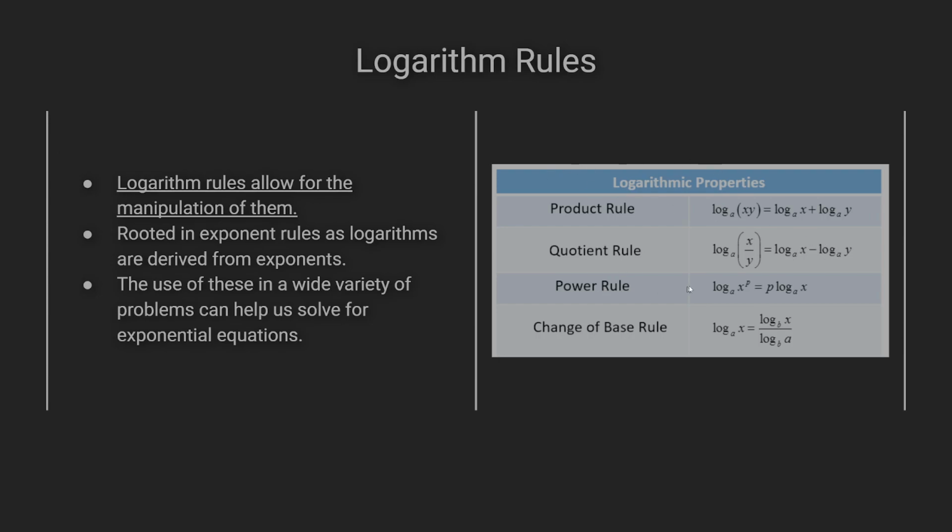Then the power rule is that if log a of x to the power of p, then it will be log a of x with a coefficient of p. And the change of base rule: log a of x is equal to log b of x over log b of a.